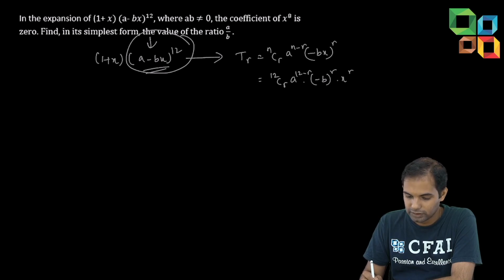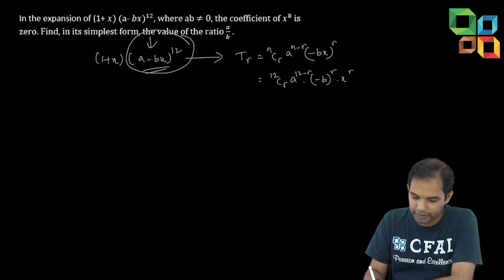Now, what did they say? They told you that the x power 8 coefficient is 0. How is this possible? To get x power 8 here, this should be t9.